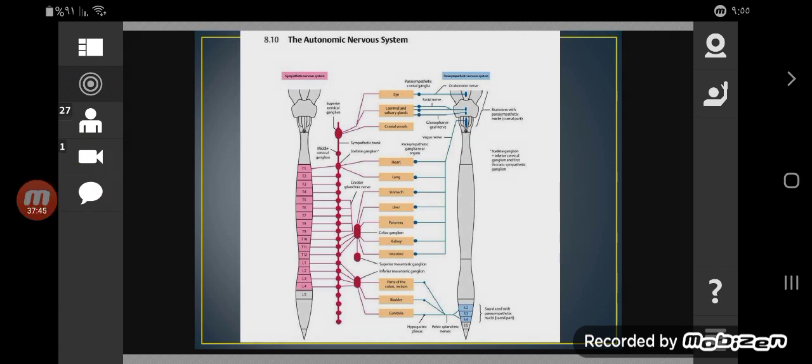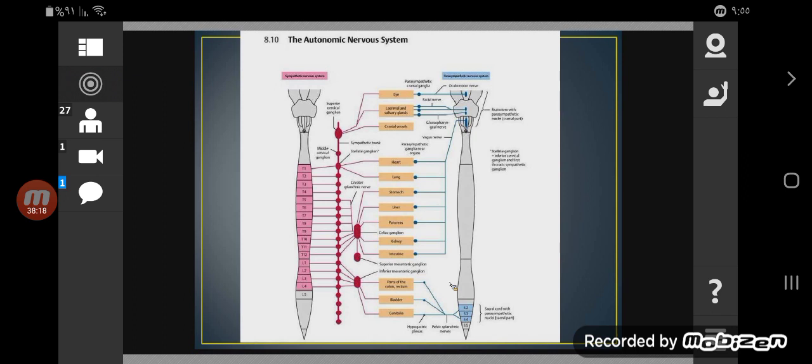The superior cervical ganglion gives off the lumbar and sacral sympathetic chain.